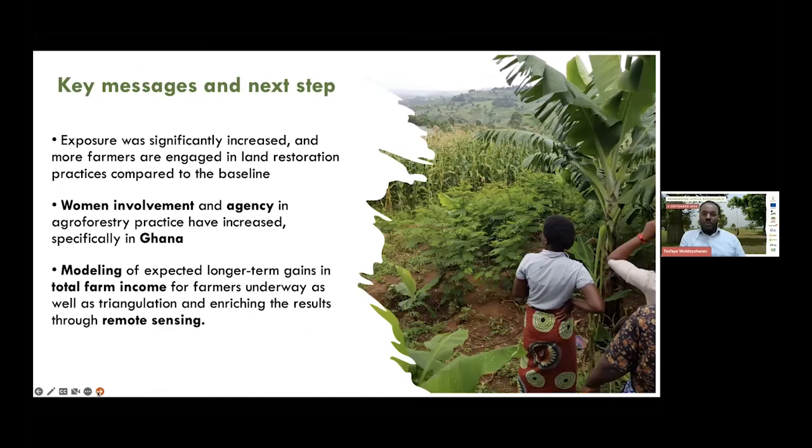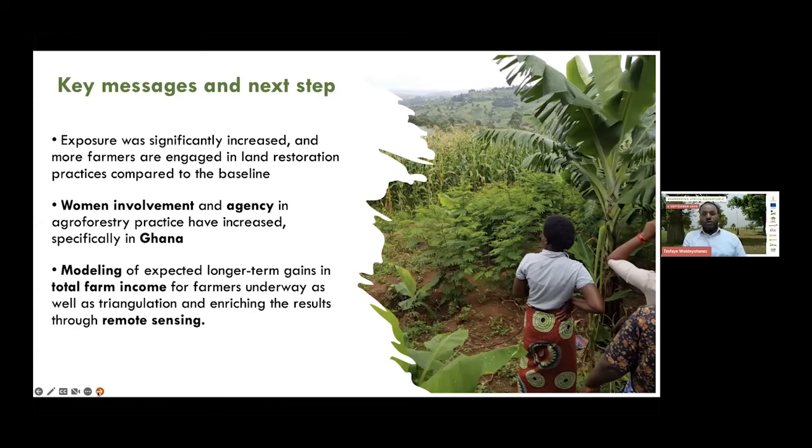So what are the key messages? Our preliminary results show exposure was significantly increased and more farmers are engaged in land restoration practices compared to the baseline. And as we have seen, women's involvement and agency in agroforestry practices have increased, more significantly in Ghana.